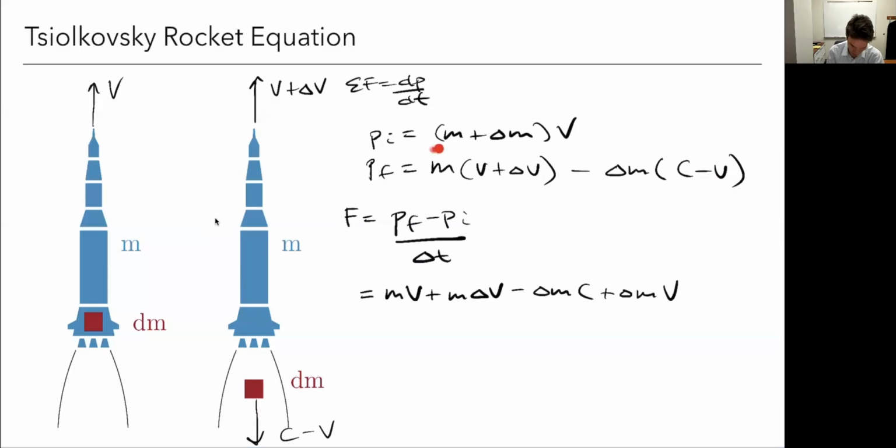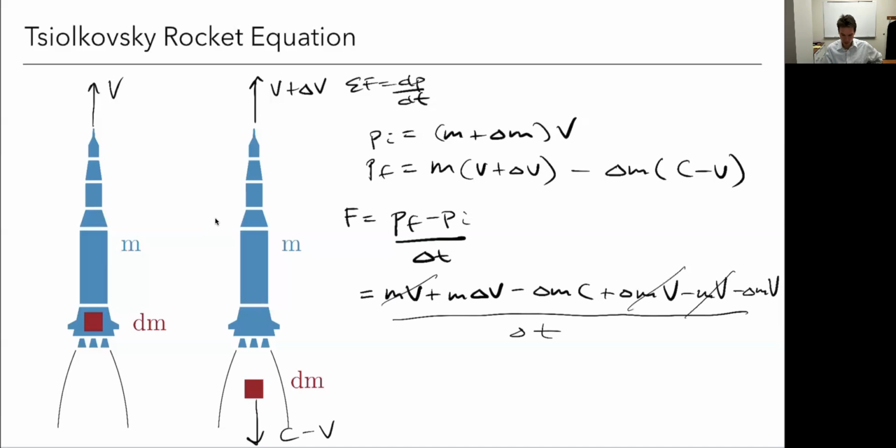And now I have to subtract off the initial momentum, minus mv minus delta m v, and that's all over delta t. So we can see that some terms cancel. There's an mv here that cancels with this minus mv, and there's a delta m v that cancels with this minus delta m v. So I'm left with m delta v over delta t minus c delta m over delta t.